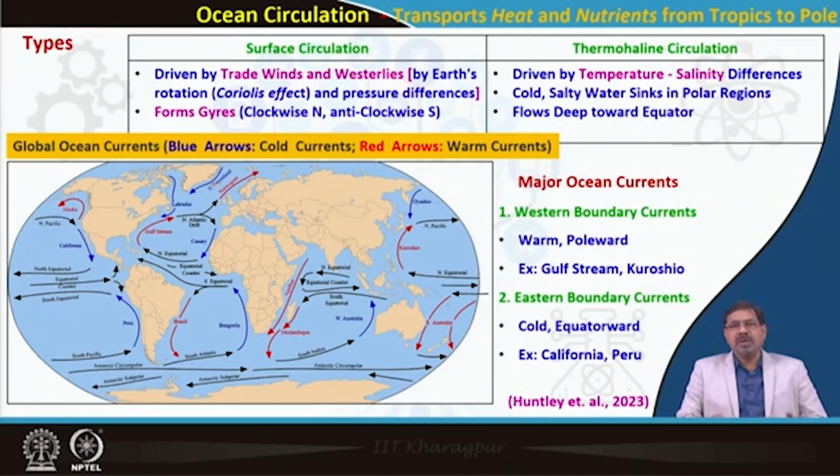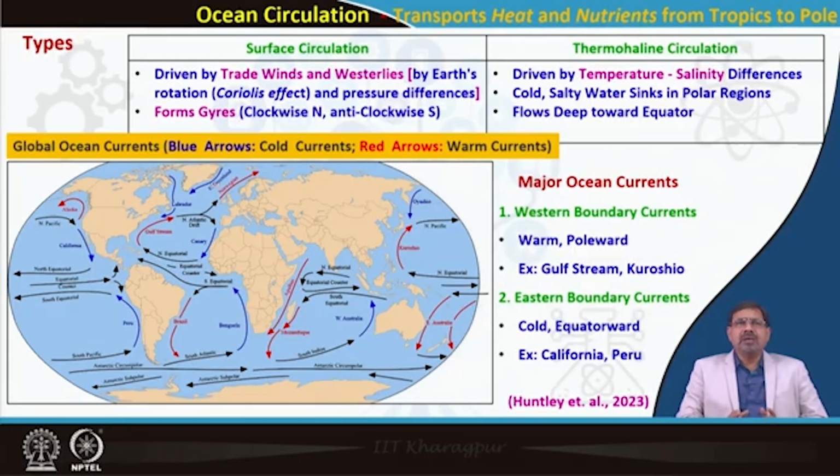When we say tropics, it is around the equatorial region, plus or minus 30, sometimes we take 35 degrees north and south latitude, and then we move on to the 90 degree, that is the pole on either hemisphere, southern and northern. So, through oceanic circulation we understand the transport phenomena. What is transported? Heat and nutrients from tropics to pole and vice versa.